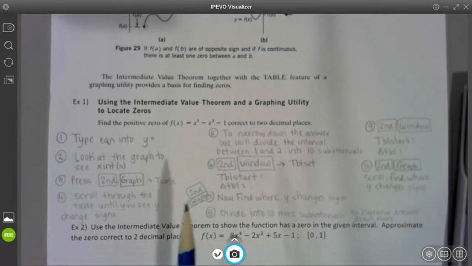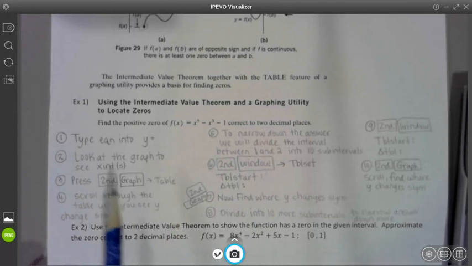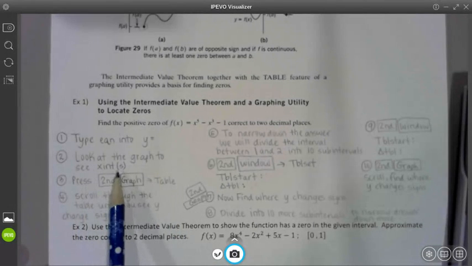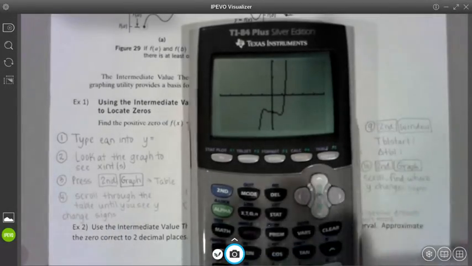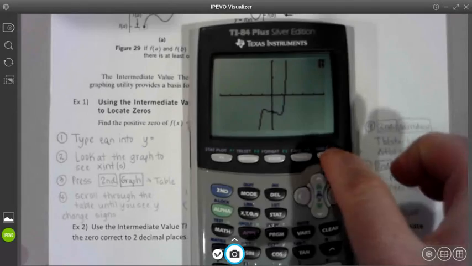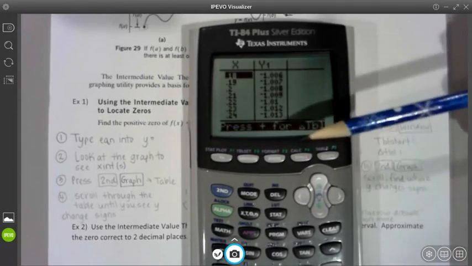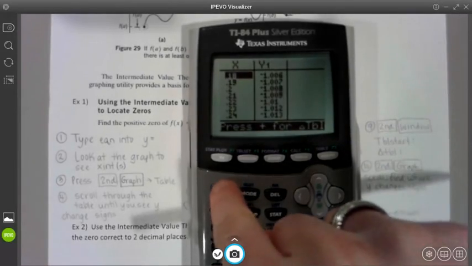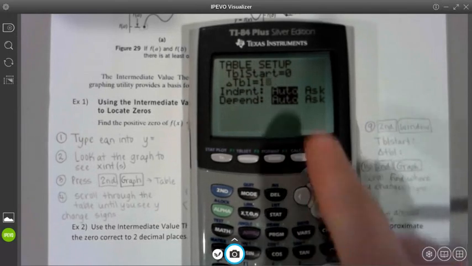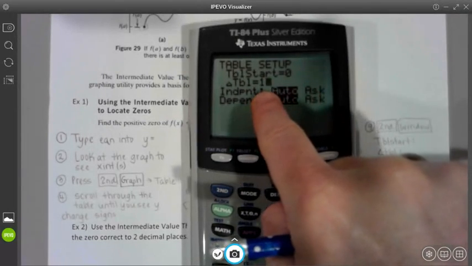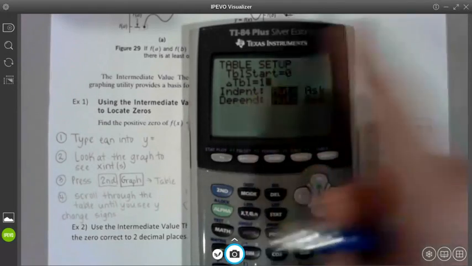All right, so what we're going to do is use the table feature. So we look at the graph to see its x-intercepts. We just did that, right? Now press second graph to go to the table. If you look at the table, I should probably show how your table would normally look. Normally your table starts at 0 and the delta table, the increment, is 1.